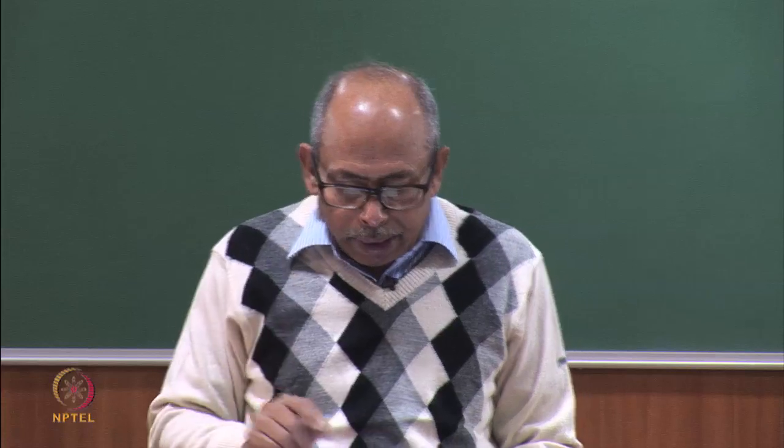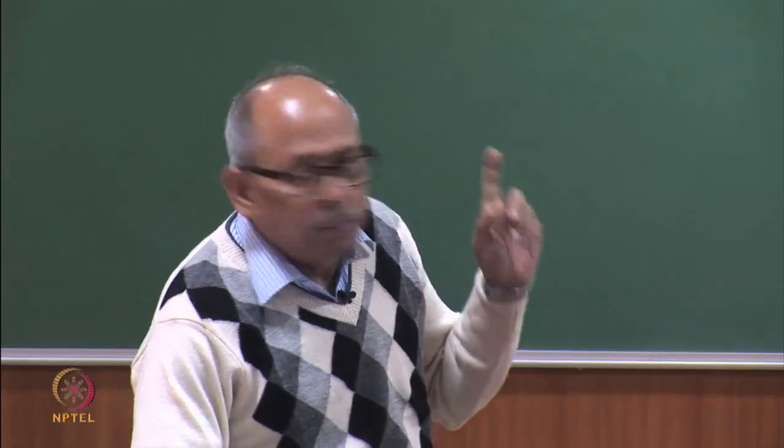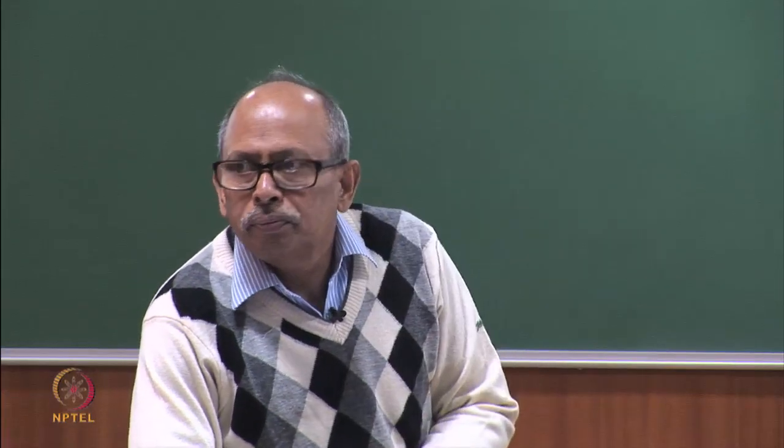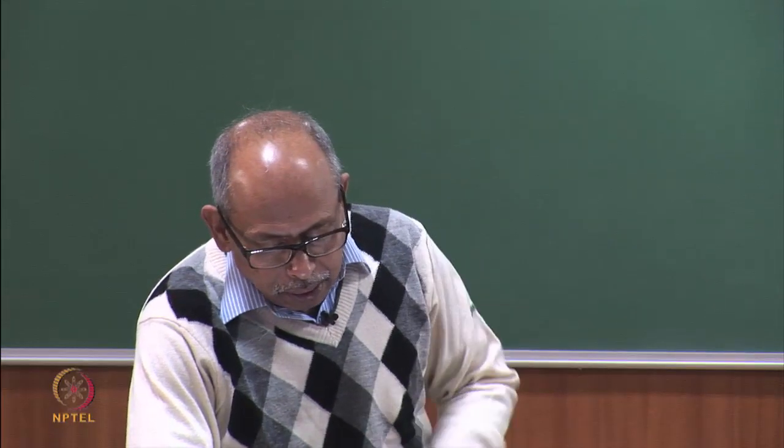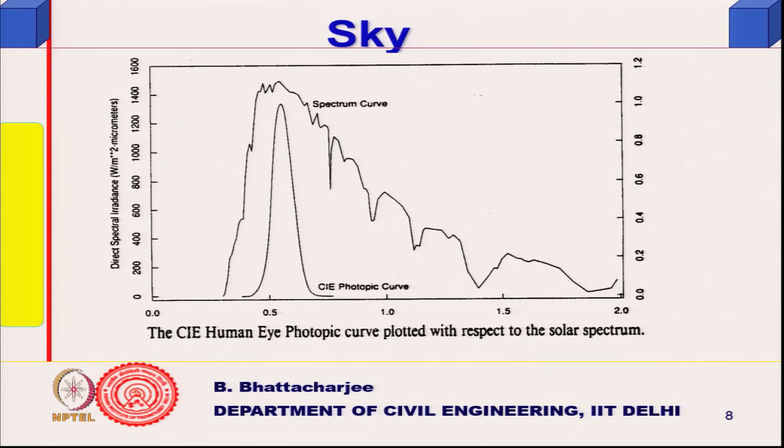So, continuing with the sky, see this idea of Perez model actually boils down from this. If you see the solar spectrum, radiation as a function of wavelength, right, only about a small portion in the center is what we see.